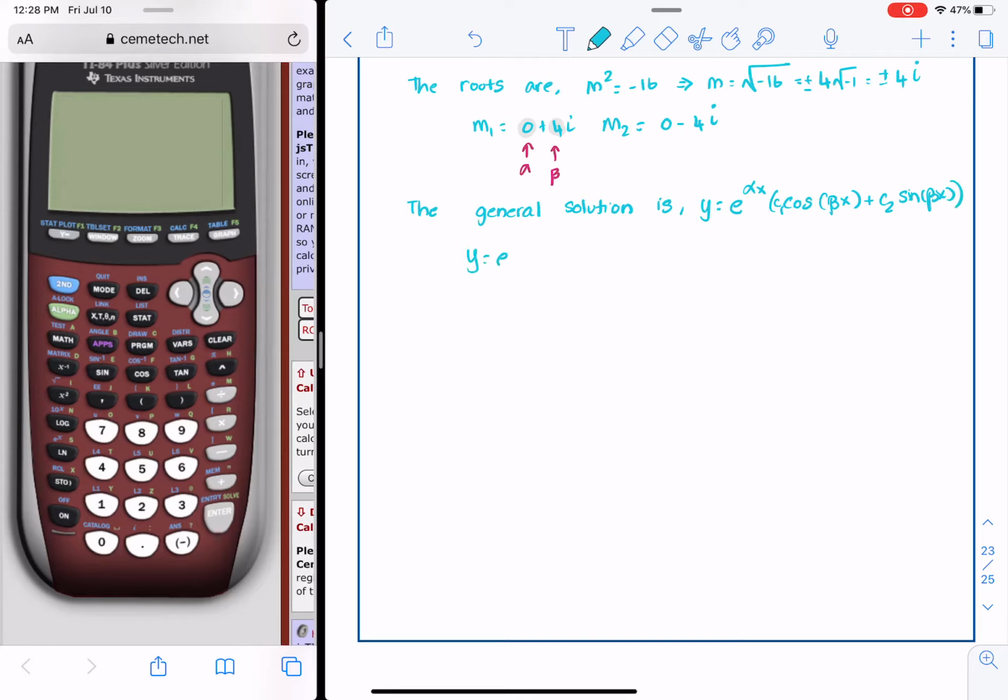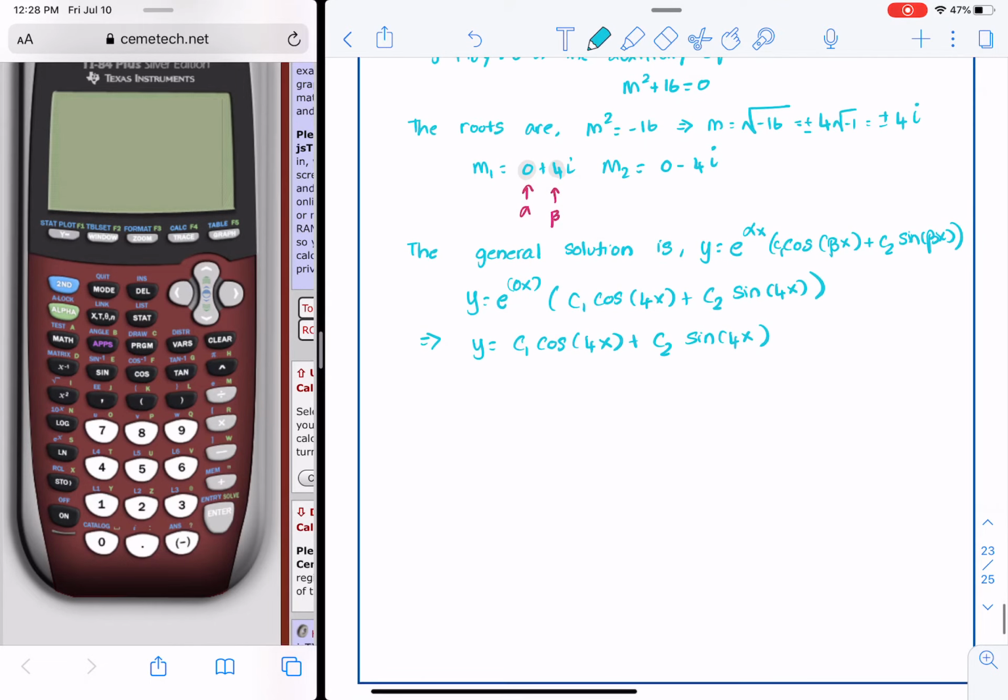Alpha is 0, so e raised 0x. c1 cosine beta, which is 4x, plus c2 sine 4x. So the general solution is C1 cosine 4x plus C2 sine 4x.